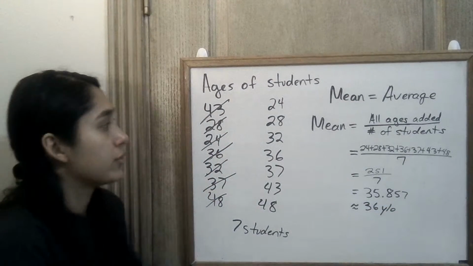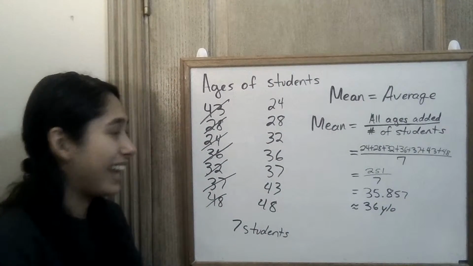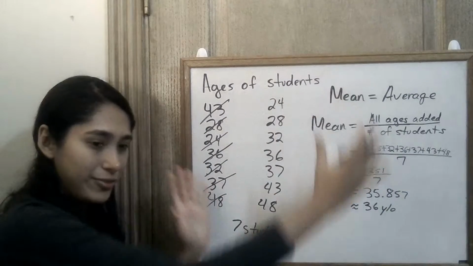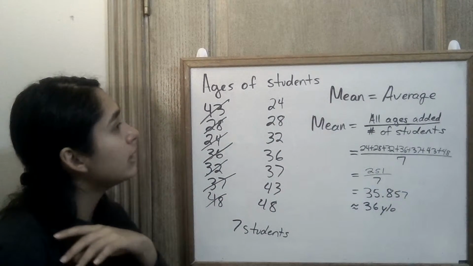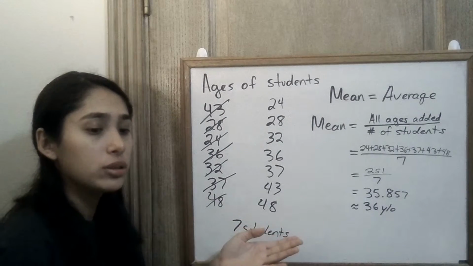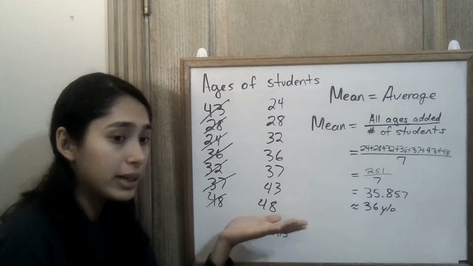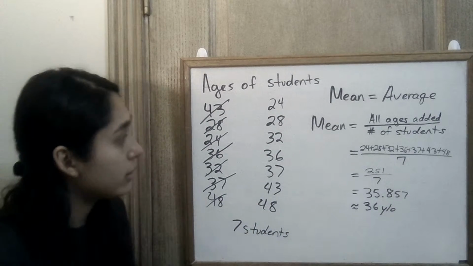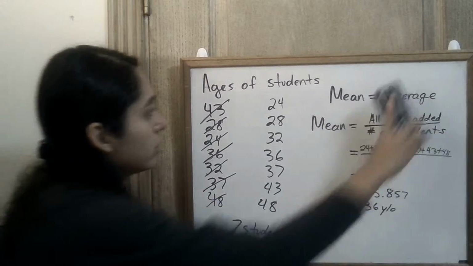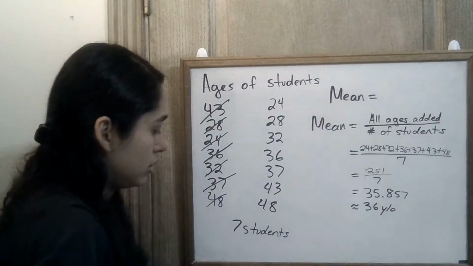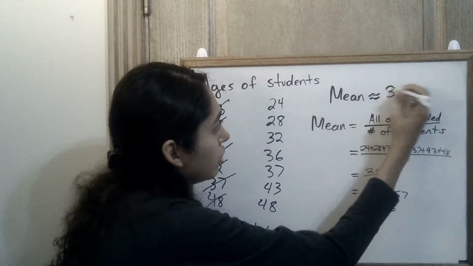So the average age of students in this classroom, I'm not talking about the ones in this classroom, I can't give out that kind of information, in our fictional classroom right here is 36 years old. So if I see a person who's 36 years old, they are basically the average student that might be in my class. Okay, so we checked off mean. So mean is, the average is más o menos 36 years old.